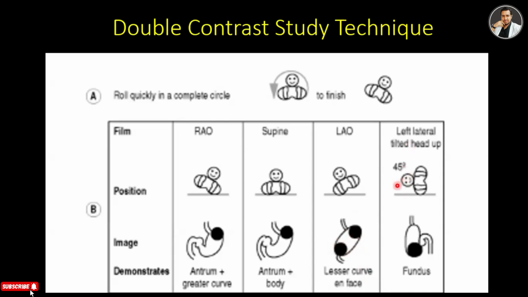And now ask the patient to go to the left lateral position, and this position will give you the image of the fundus. Here you can see that in this position the barium will go down, and in the upper part the fundus will be visible with the gas.